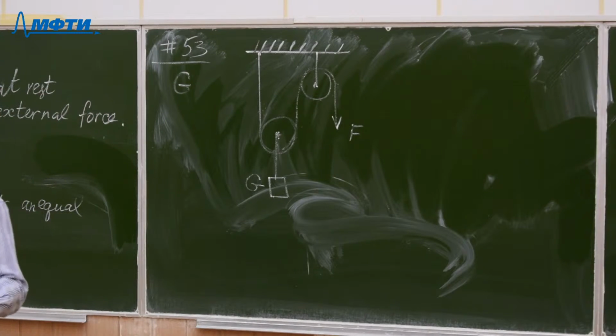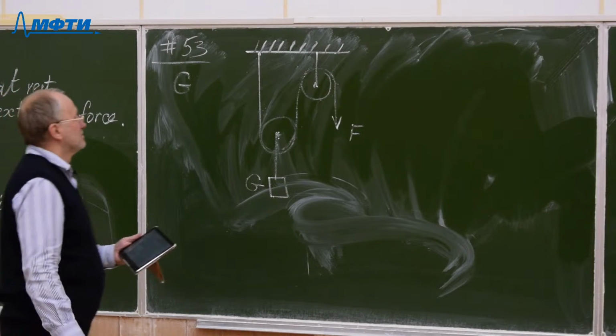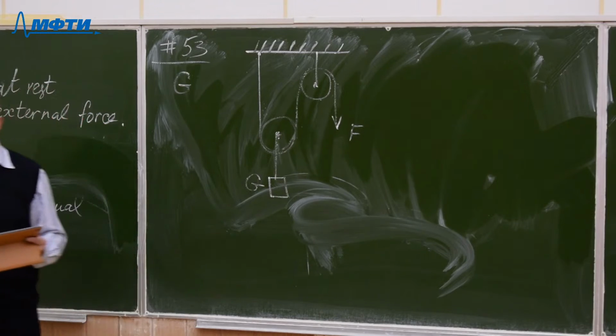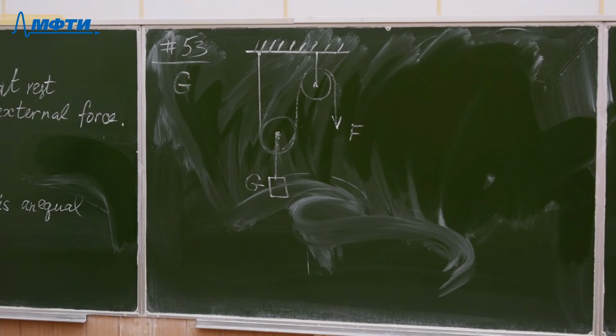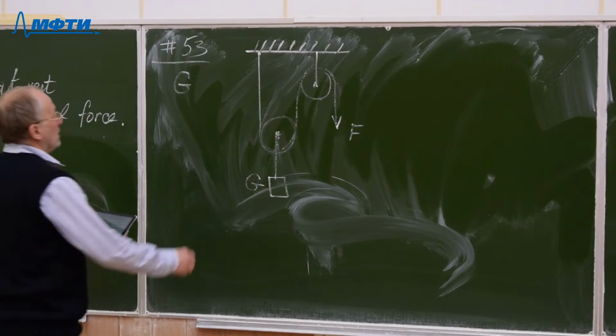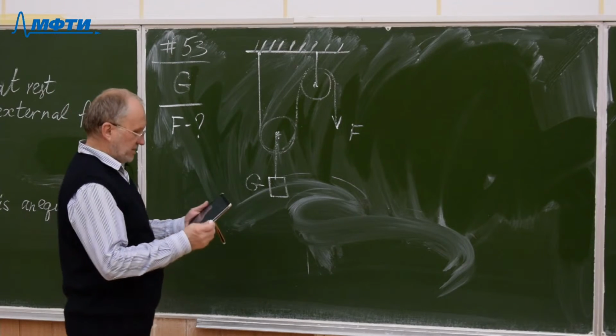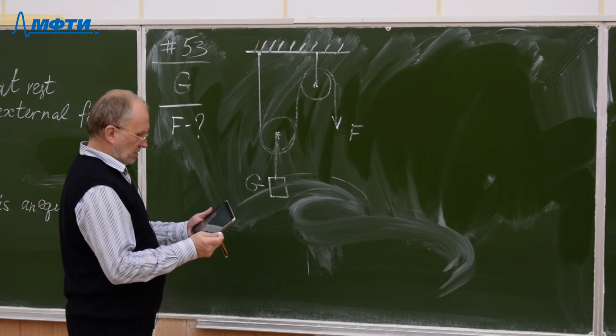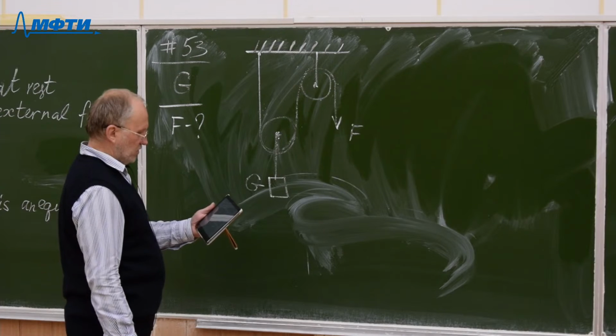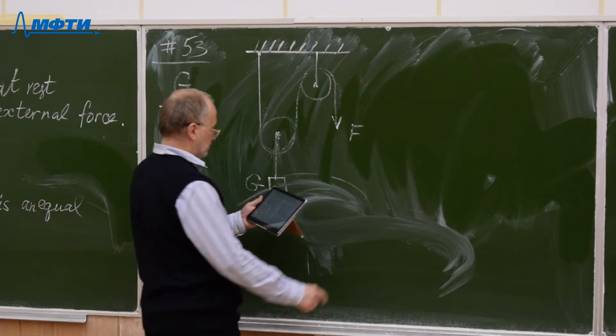I don't like the word rope. Well, you can use it, it's not a mistake, but I prefer to use the word string or thread, something like that. So we have to find force F in this problem. What force F should be applied to the end of the rope?